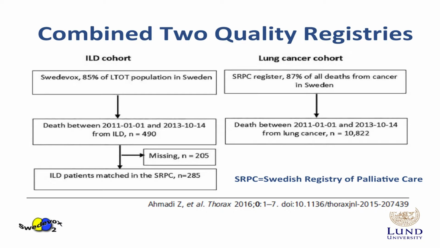And we compared that with lung cancer patients, and they were identified actually from the palliative care registry in this study. So it was patients dying from advanced cancer as the main cause of death. And that register covers about 85-90% of people dying from cancer in Sweden.